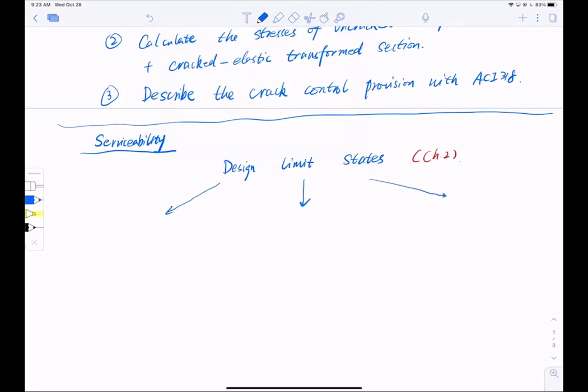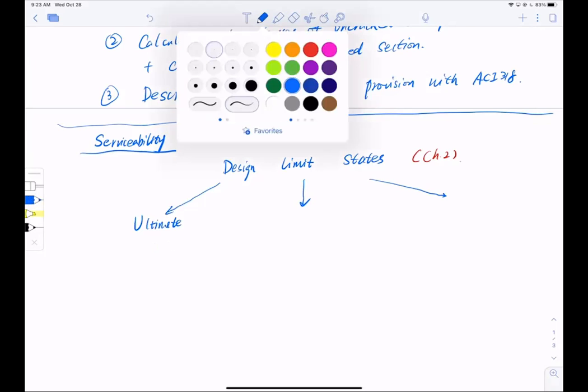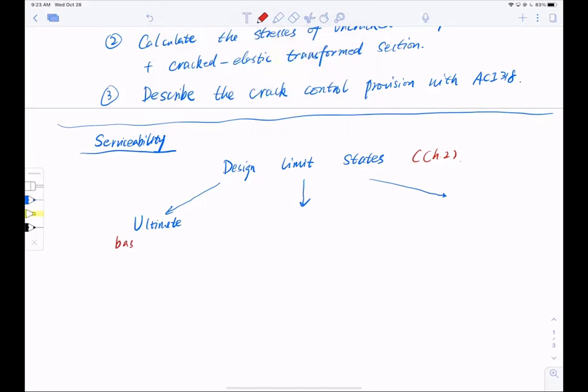Which three? There is ultimate, and this is based on ultimate loads. That's what we've been talking about before, right? Based on, just say Mu, Vu, and for the column Pu. We haven't talked about columns, we will.